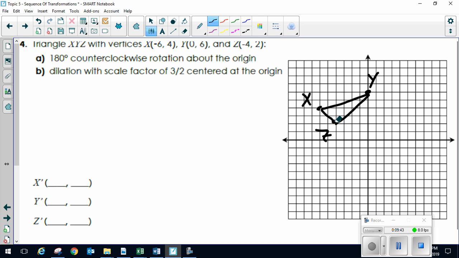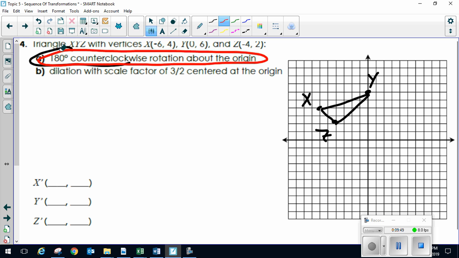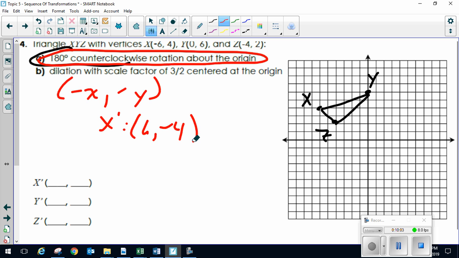And the first thing they want me to do is take them and rotate them 180 degrees counterclockwise. And again, I can't physically do the rotation, so I've got to apply the rule. The rule is change their x sign, change their y sign. So that would mean that X prime would be at positive 6, negative 4.